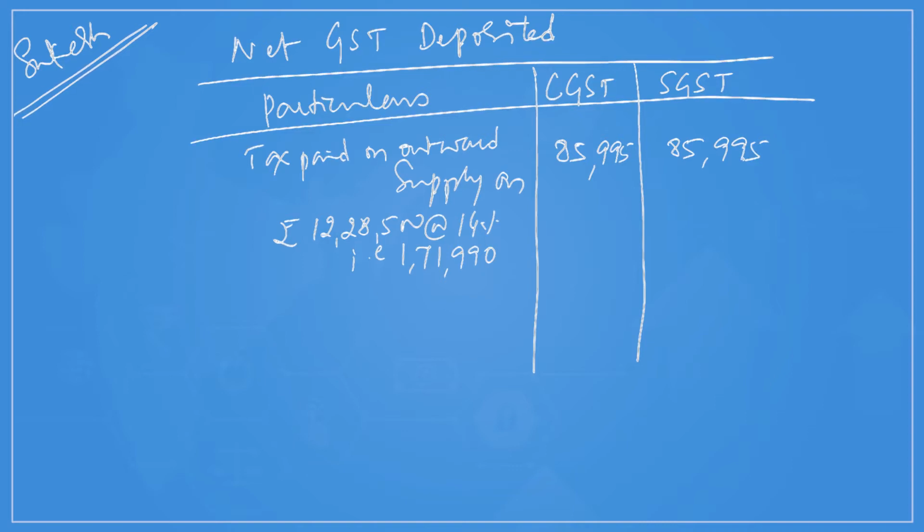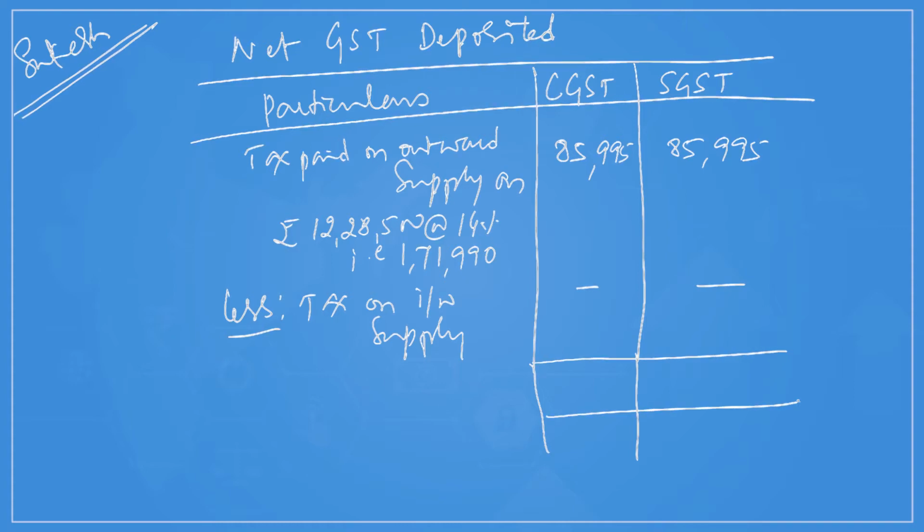From the output tax, deduct tax on inward supply. For this case, tax paid on inward supply is not allowable, because we are determining net output tax liability on the occasion of notice issued by the GST authority. So net output tax liability under both the circumstances, that is CGST and SGST, is rupees 85,995.